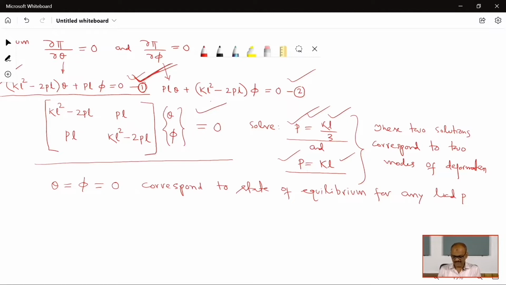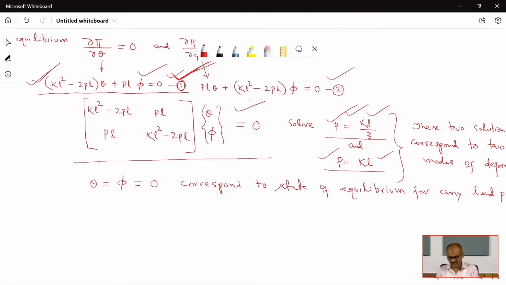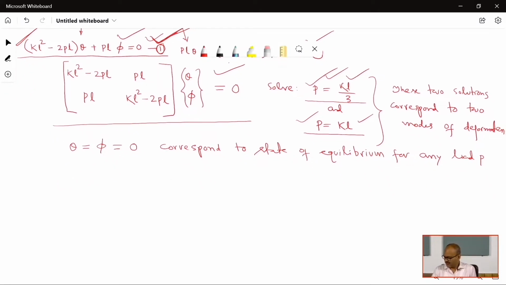If we back substitute in this equation, then we get first one corresponding to load P is equal to KL by 3.